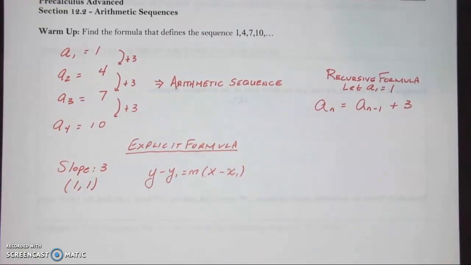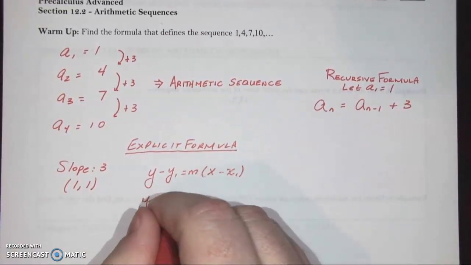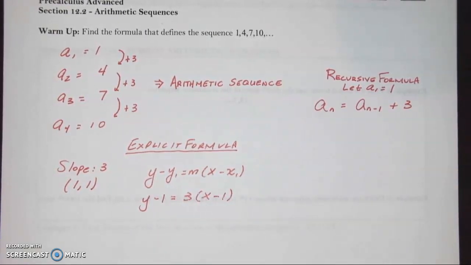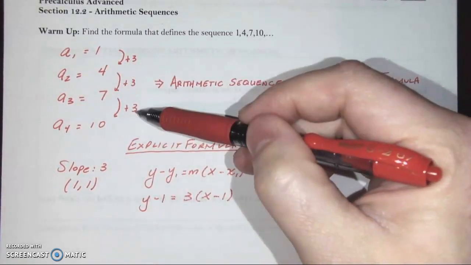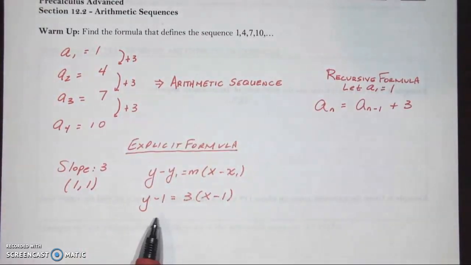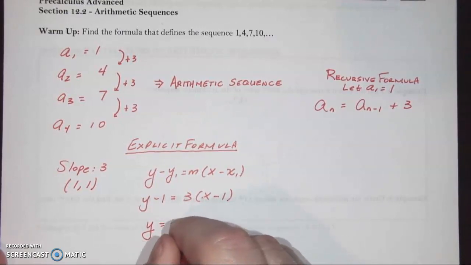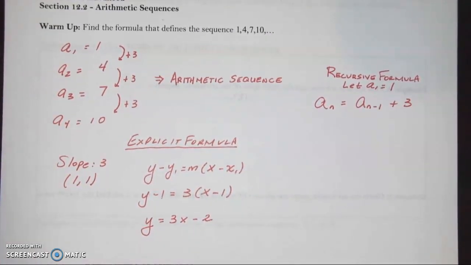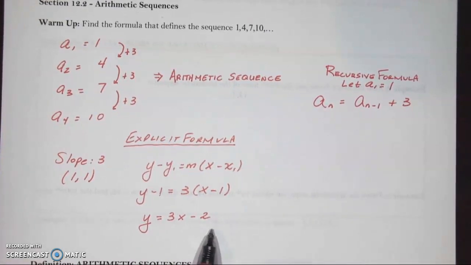And we think of point slope form. If we think of this as a linear function, because of the constant increase, and we put it into an equation, we get this. If we solve this for y, we would get this. Now, how does that relate to what we're doing here?